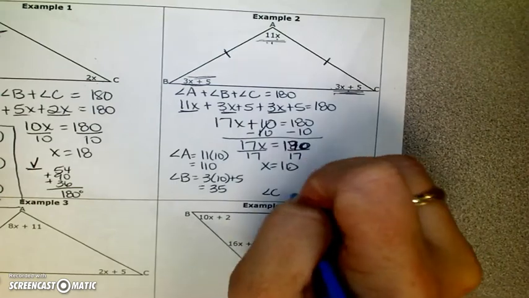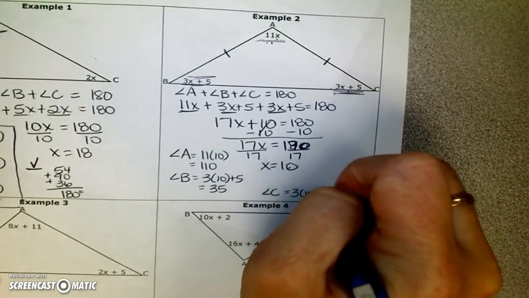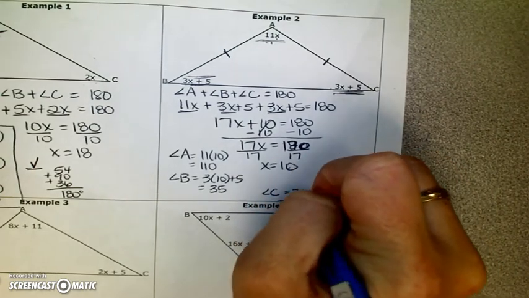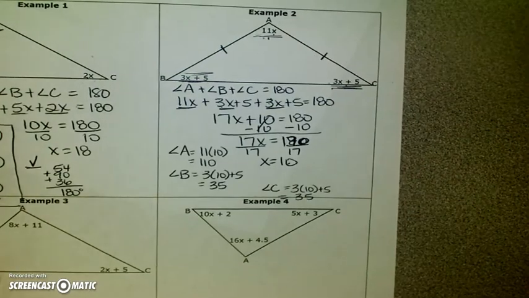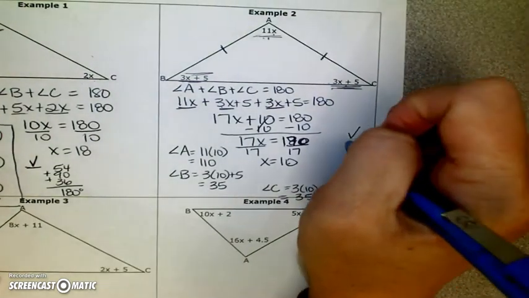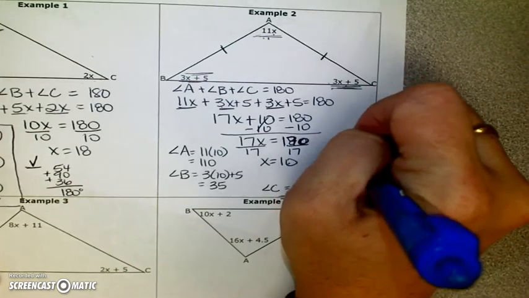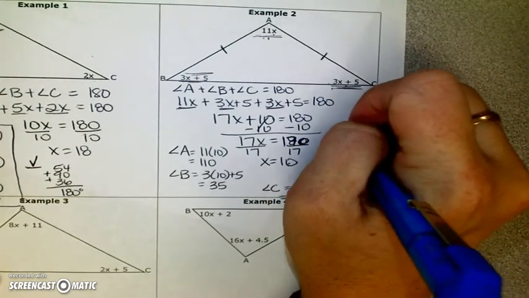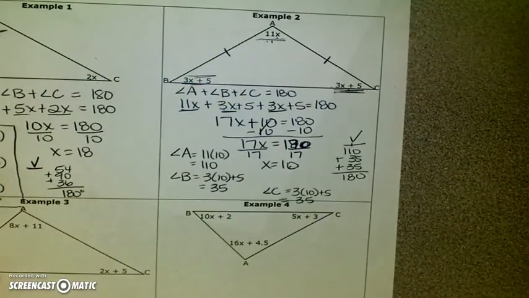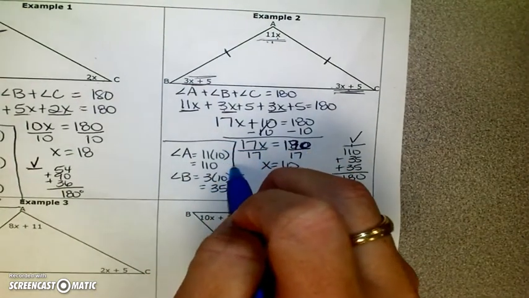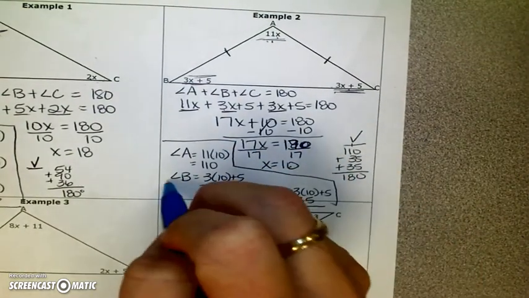And angle C equals 3 times 10 plus 5, and that equals 35. Now, we want to check our answer. So 110 plus 35 plus 35. If you do the math, you will get 180. So we know that these are the answers to our angles.